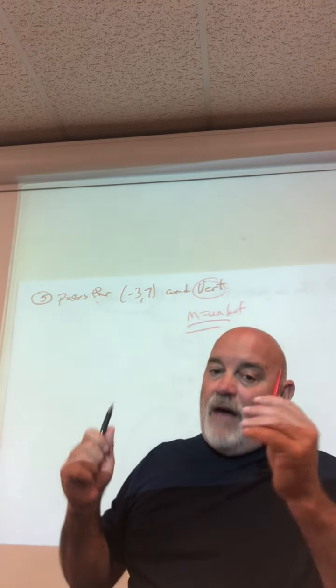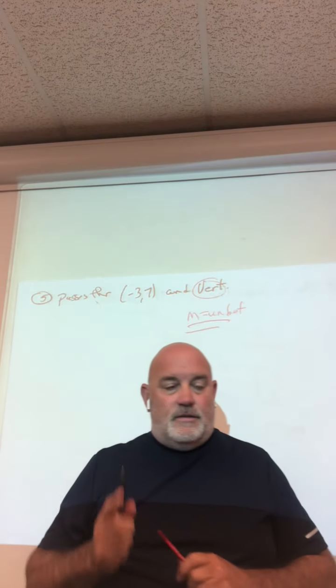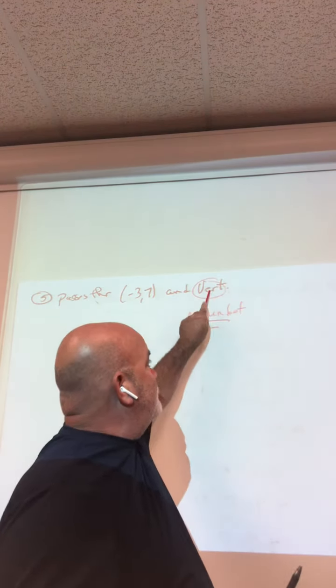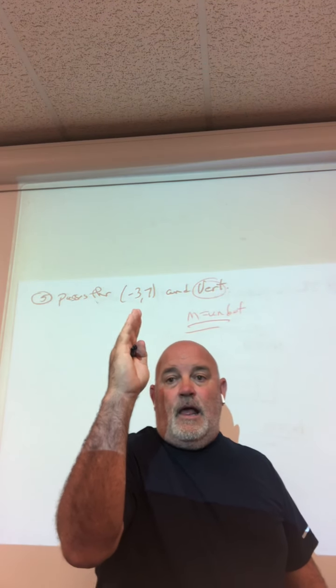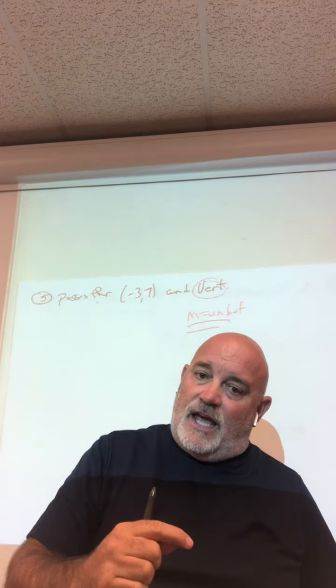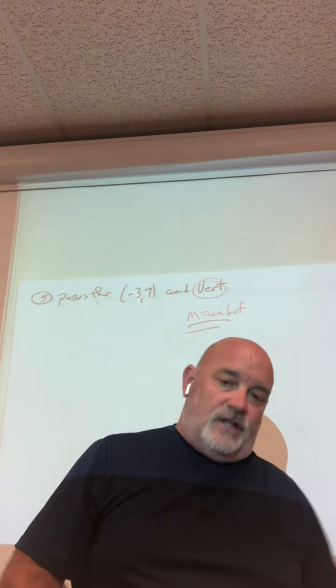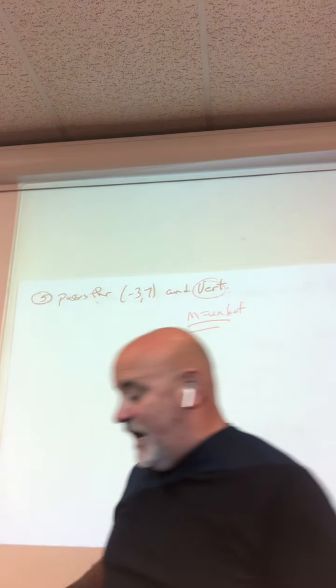On this one, you have to remember your special case. So let's see. If the line is vertical, that means the slope is undefined. Then that means the equation either will have just a x or just a y. Well, this one will have just a x.